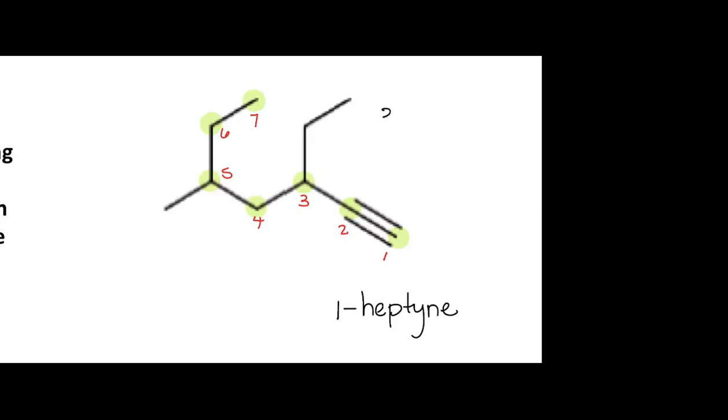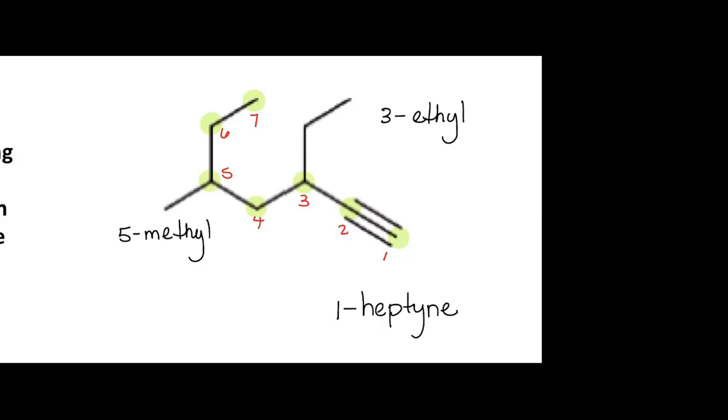What is the name of the substituent that I have on carbon 3? Let's put it in the chat. Great job, you guys. What about the substituent that I have on carbon 5? Awesome job. You guys got this. It's a methyl.